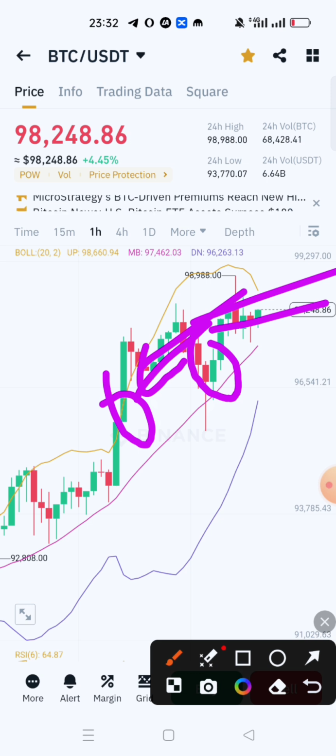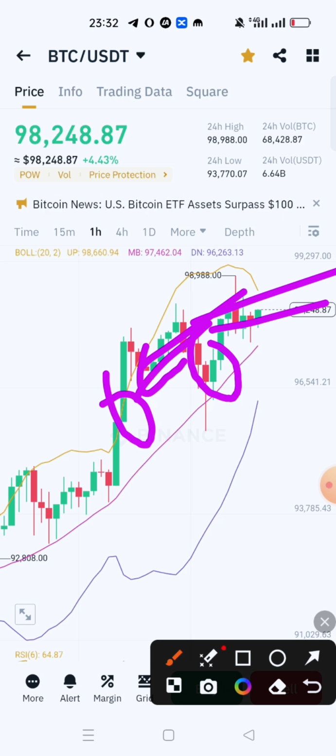Whether you are trading futures, forex, spot, whatever trade you are in, when all of them become green, you know it's automatically an uptrend, which means the price of the particular asset, either Bitcoin, Ethereum, BNB, all types of altcoins or cryptos, will rise. That is the meaning of these green candles.